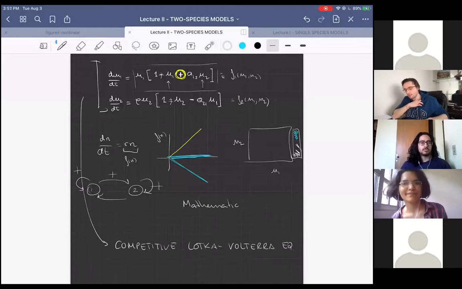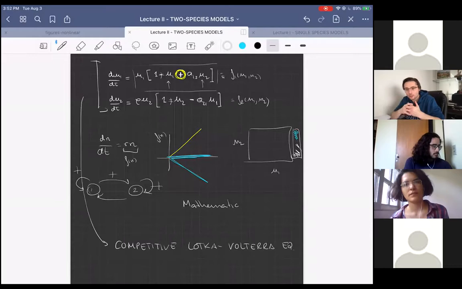And this is in fact a generalization to competition of a model that was developed initially to study prey-predator interactions. So with prey-predator interactions, you do get oscillations, both in your model and in real data in nature.